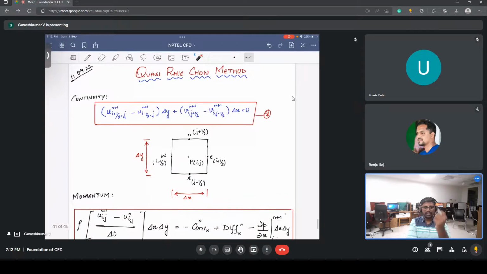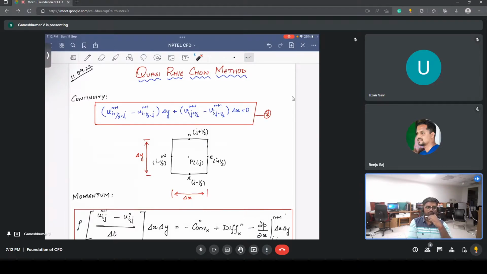In your week 8 lecture videos, you will see the implementation of all these things we taught, in a test case which is lid driven cavity flow. Lid driven cavity flow is a test case for testing a lot of algorithms.